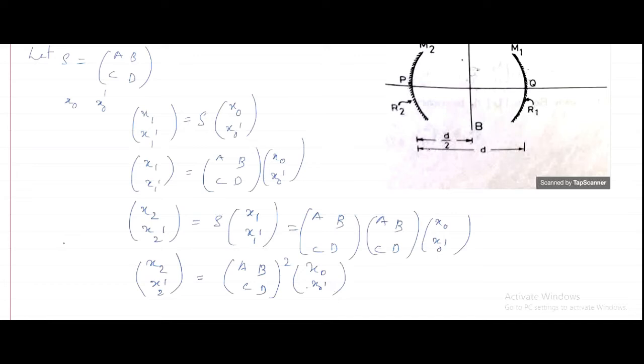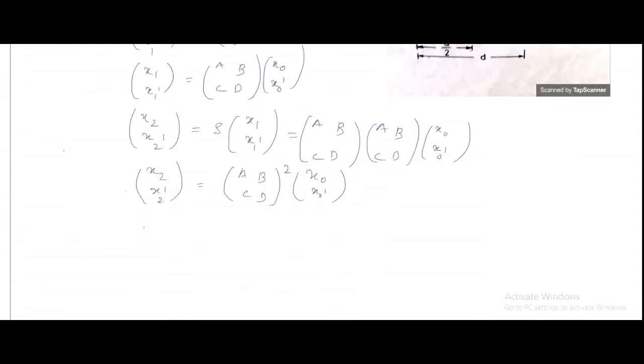Hence the coordinates of the ray after n traversals can be written as xn, xn dash equals [A B; C D] raised to n times x0, x0 dash.